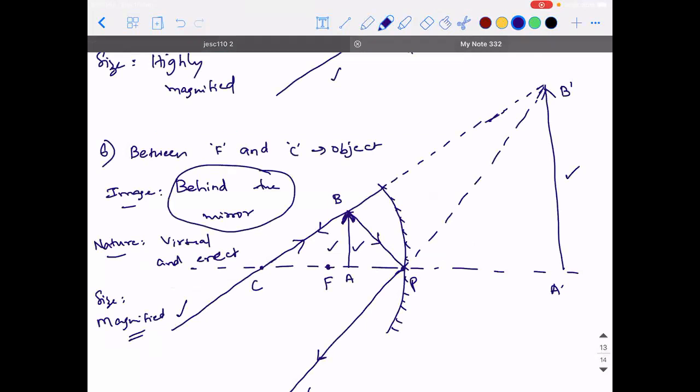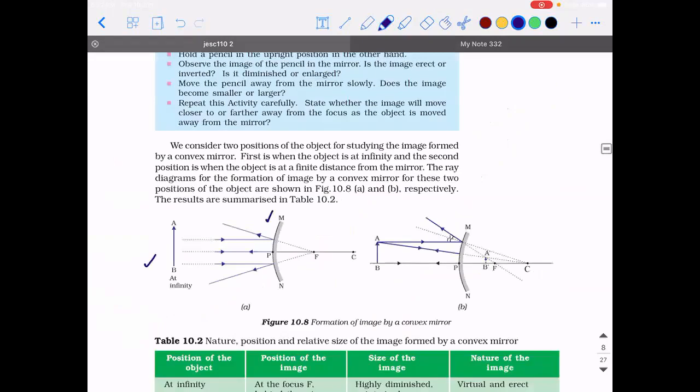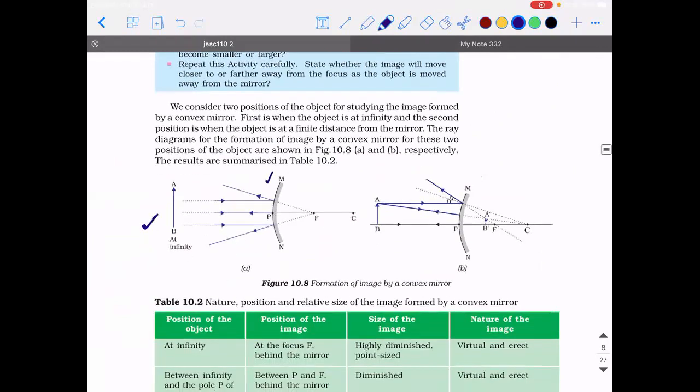If I ask you behind the mirror at focus or center of curvature, you'll not have an answer because there is no focus or center of curvature lying behind the mirror. Right? In a similar way, with respect to a convex mirror, you will either place the object at infinity or just in front of the mirror. So now we know the logic.